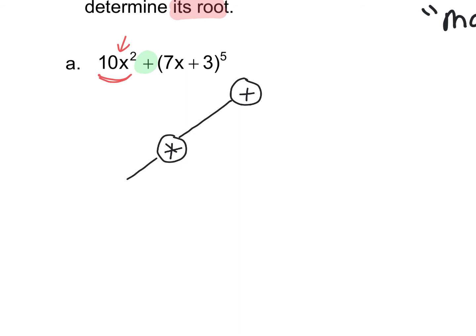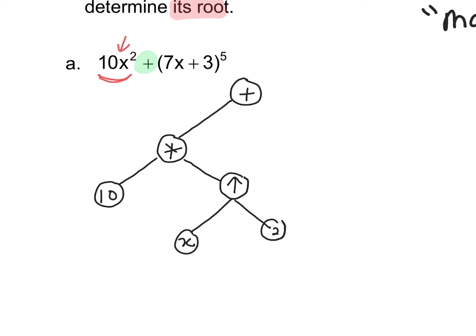And then to the left it should be 10, and to the right, again this is x squared, so the operation involved is index, x to the power of 2. So we settle the left side of the expression.